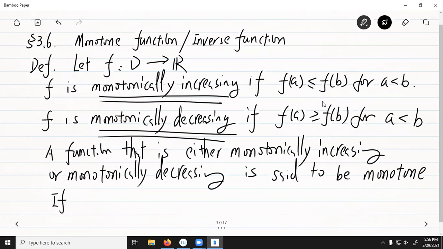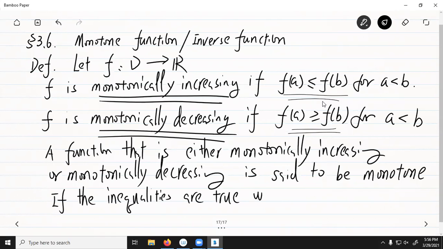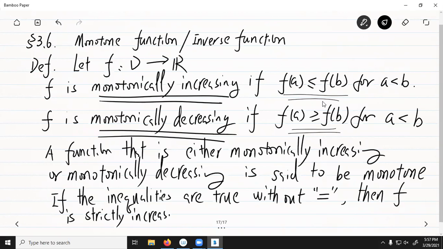If the inequalities here are true without any equal sign, so that means f of a less than f of b, or f of a greater than f of b, then we say f is strictly increasing or strictly decreasing.